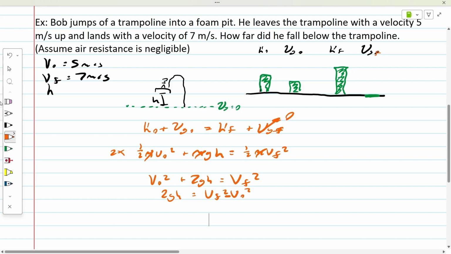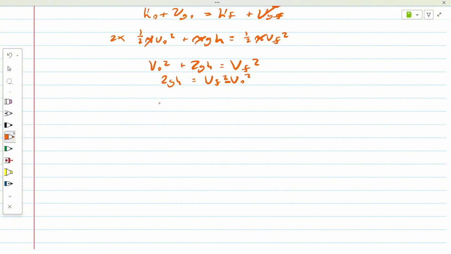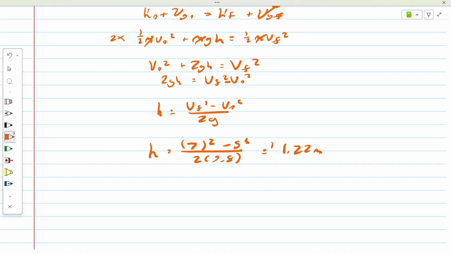And so we can rearrange for h equaling vf squared minus v naught squared over 2 times the gravity. And so if we plug in the variables that we were given, we would get a height of 1.22 meters, and so that's how far he would fall.